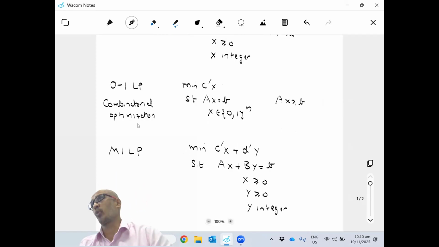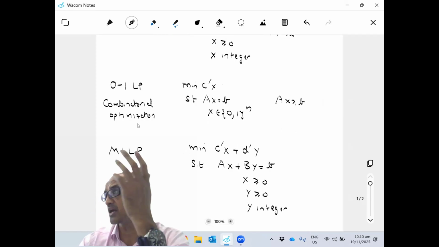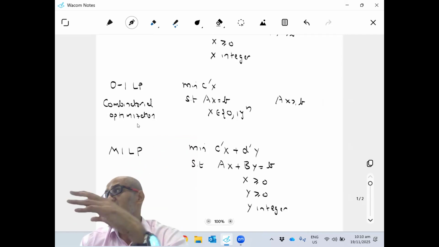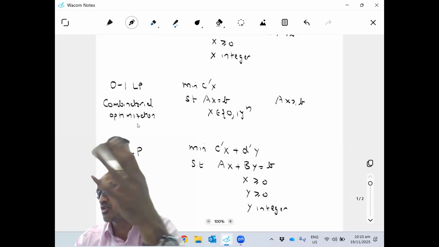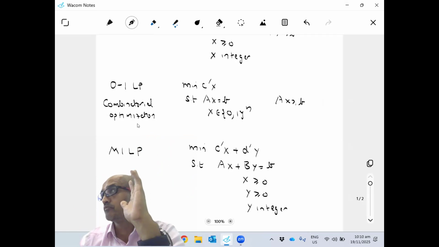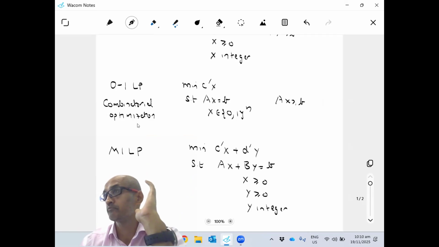So why is this a mixed integer linear program? X can take values in R^n plus, while Y has to be integers. So some of the variables are integers, some of the variables need not be integers. They are allowed to be any real number. So that's a mixed integer linear program.